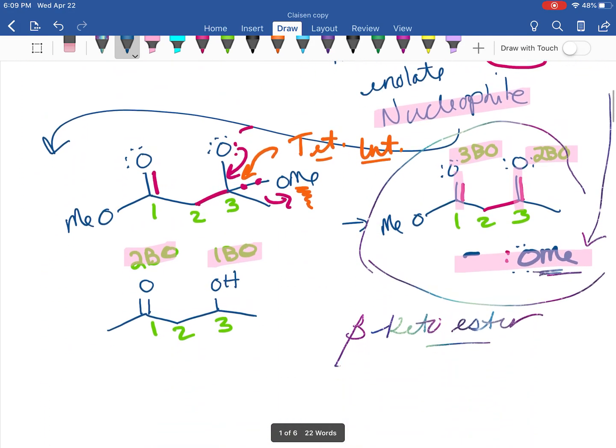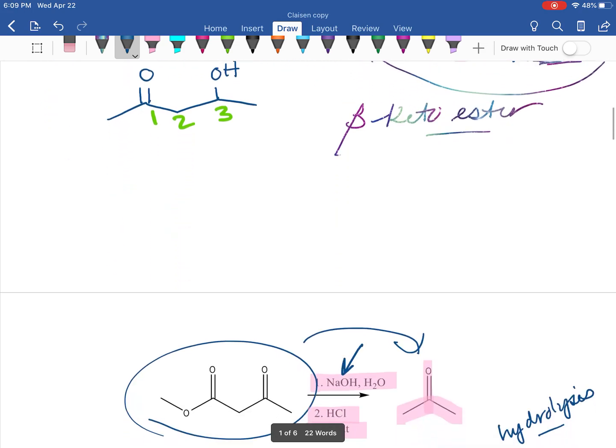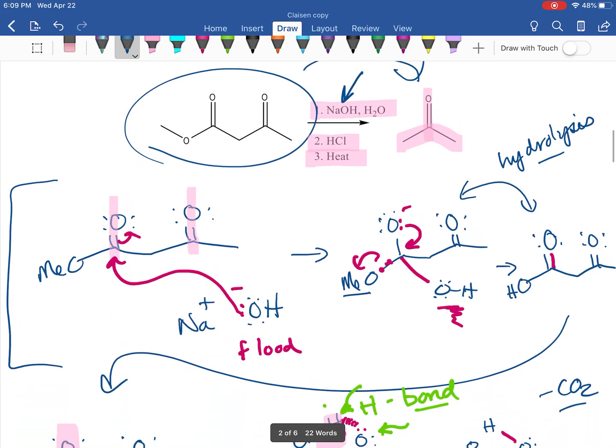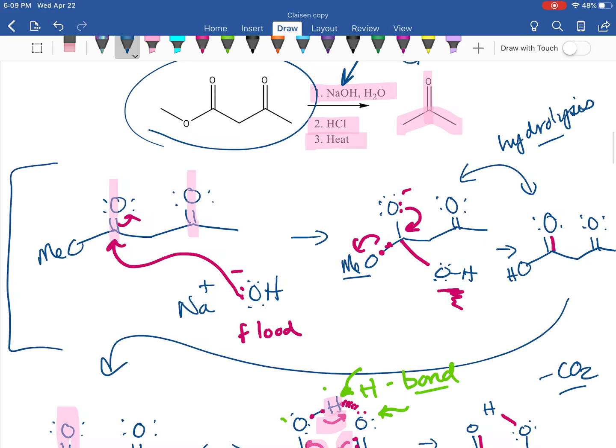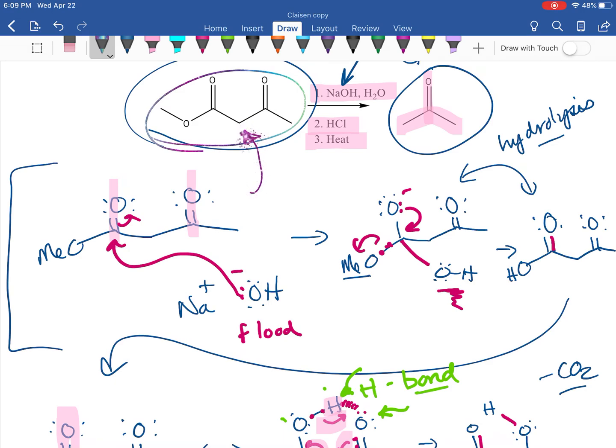Okay, now if you start from just the methyl ester and you end with acetone, which you just did was a really long synthesis of acetone, even though that's only one step, you would think, well, wait a second, why in the world is this even important? Well, it does happen in our biological systems. It's also a really good way to make a ketone.